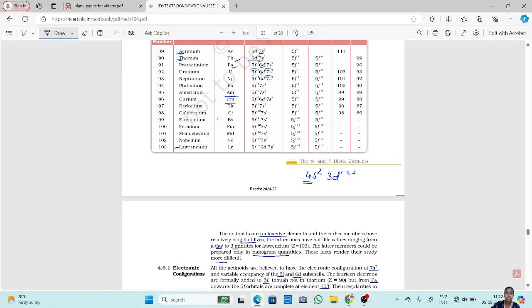Here 5f7 appears because 5f7 is half filled. Why half filled? For f orbitals, the total is 14 electrons, and half of 14 is 7. So 7 is a half-filled electronic configuration, which is stable. That's why in curium, instead of adding this one electron into 5f, they have taken that one electron into 6d, which keeps the curium stable.